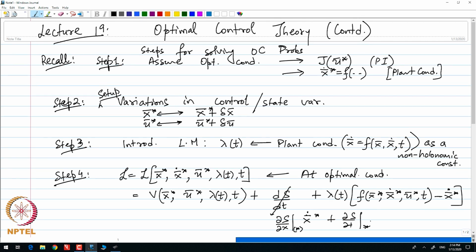Then we again write down the value of this Lagrangian for the perturbed variables. The perturbed variables are the perturbed state and the control variables.